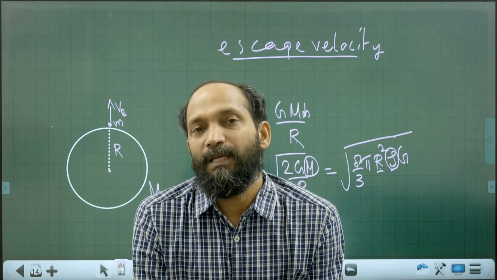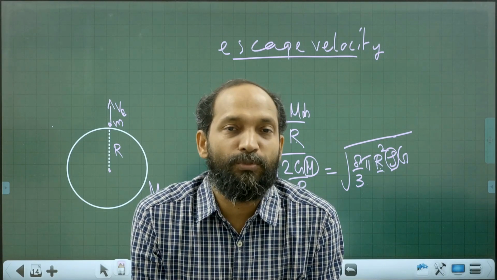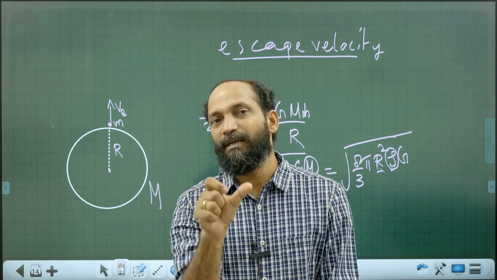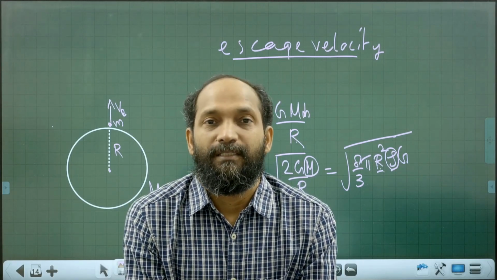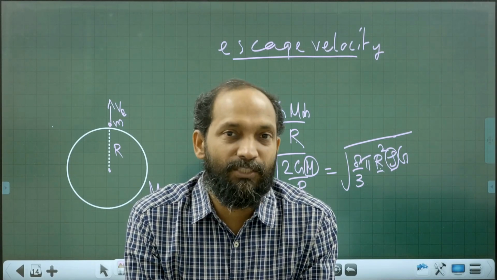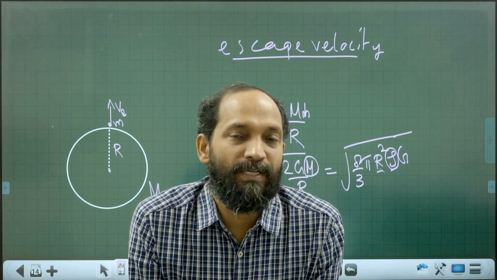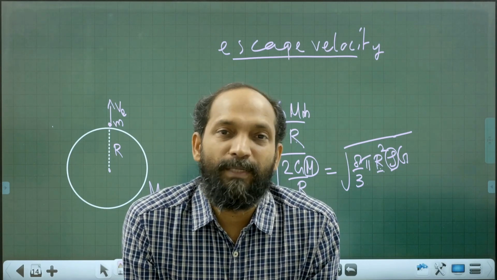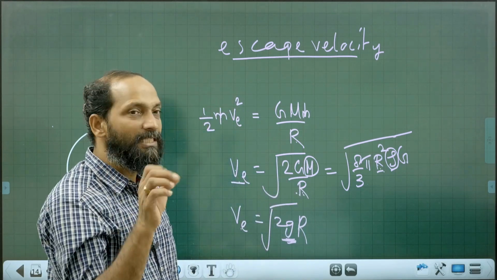That implies if an object is projected with a kinetic energy equal to the numerical value of potential energy at that place, its total mechanical energy would be 0. From conservation of mechanical energy, as in these situations we neglect non-conservative forces like frictional forces, we can say that mechanical energy is conserved, so 0 total mechanical energy is maintained throughout the motion.